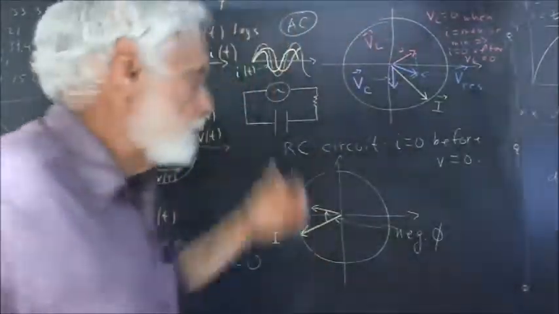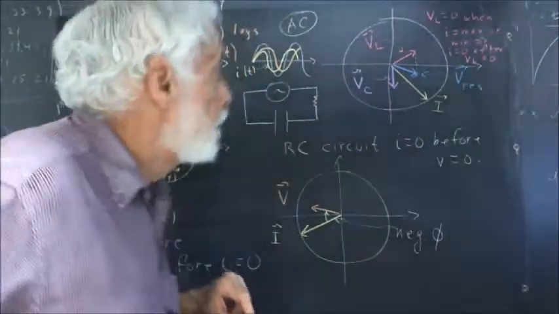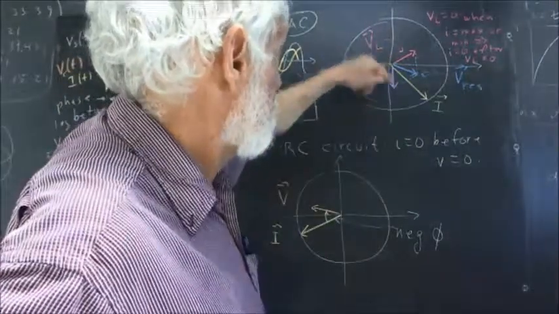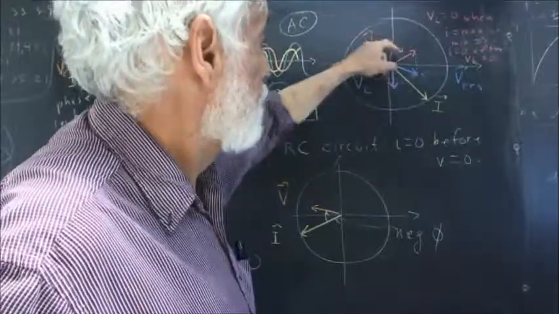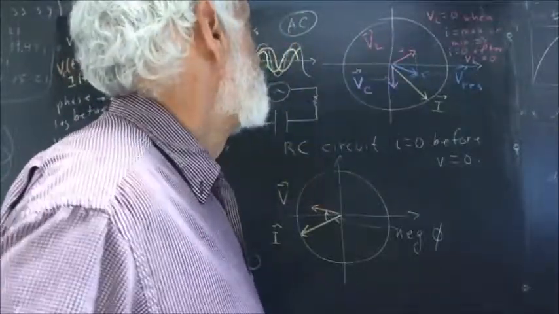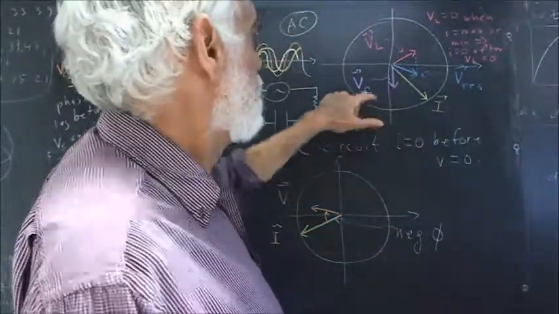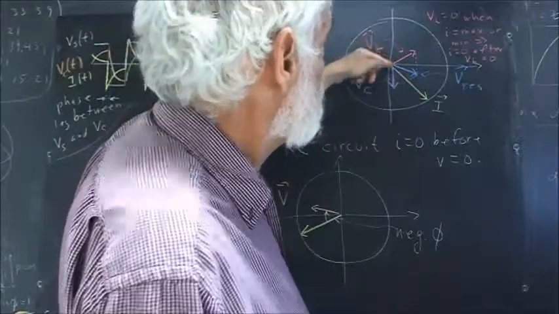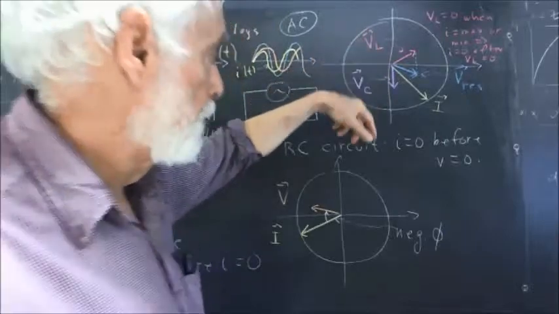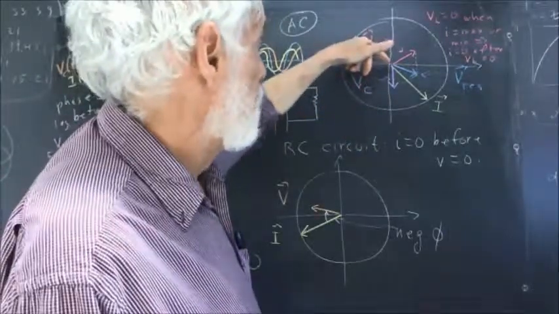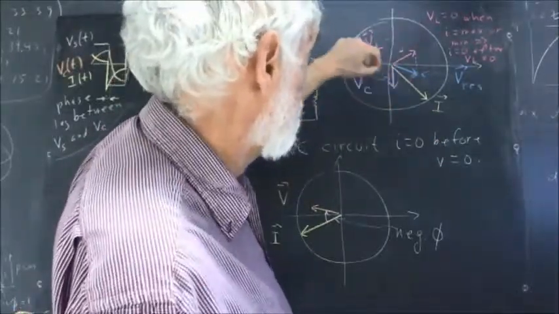Now, if you have a circuit with an inductor and a capacitor, then the voltage of the capacitor will lag the current. The voltage of the inductor will precede the current, and the resultant voltage of the inductor and the capacitor is going to be just the resultant of these two vectors. Now, we haven't derived the expressions for the magnitude of this voltage compared to the current, or the magnitude of this voltage compared to the current, but they can change.